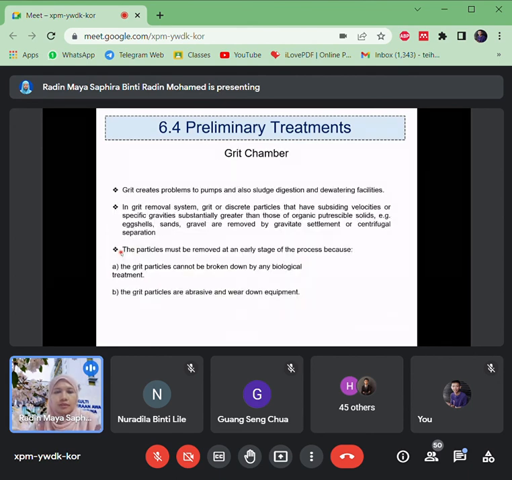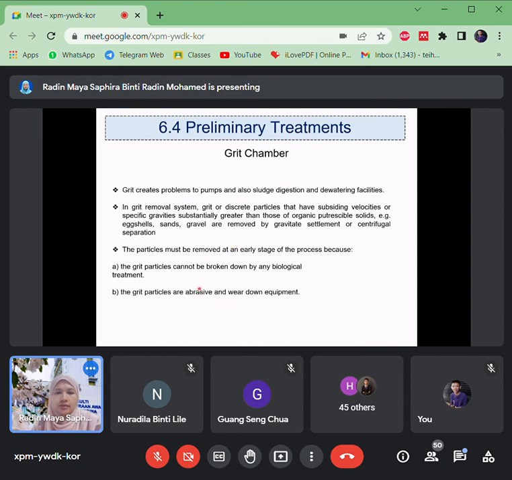Okay, then we need to have this grit chamber. So the purpose of the grit chamber is to remove the solids like eggshells, sand, gravel. In this case, we remove them by gravity settlement or centrifuge.